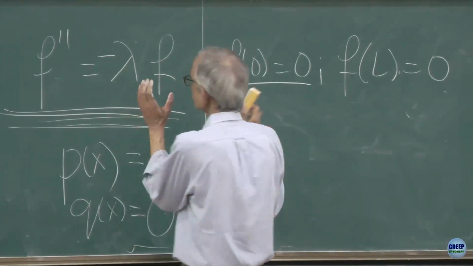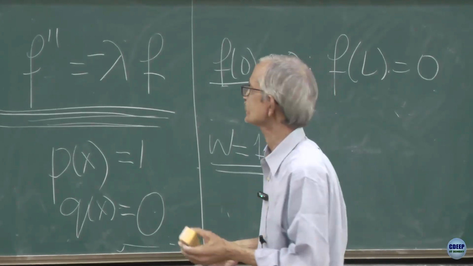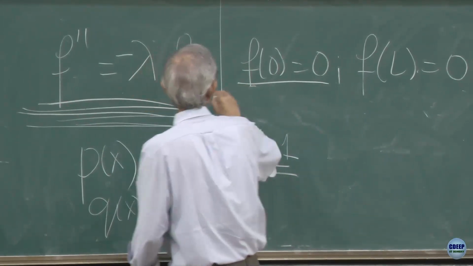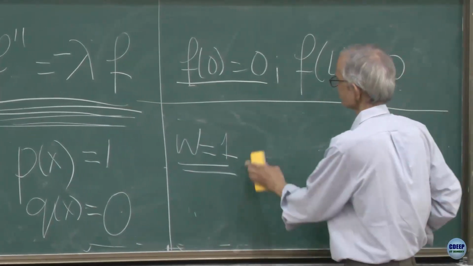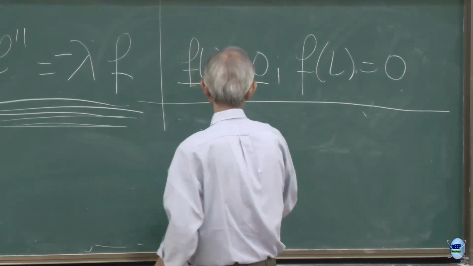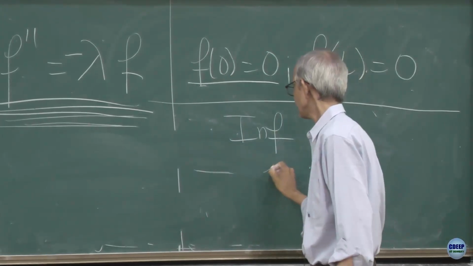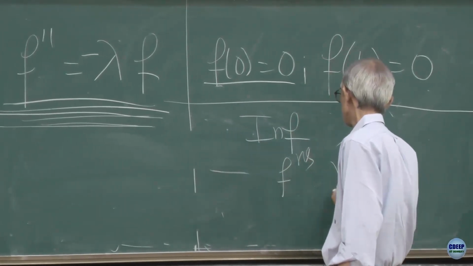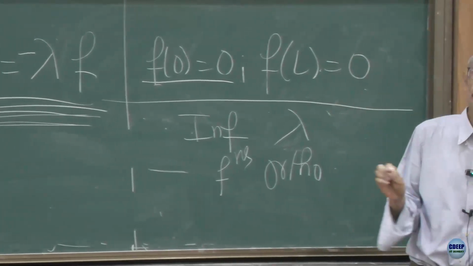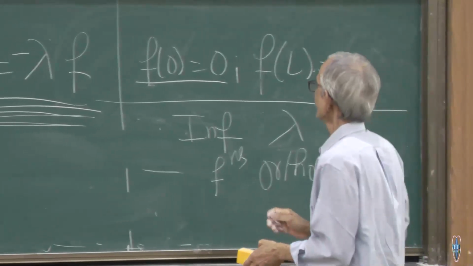But from the Sturm-Liouville system perspective, this, along with the boundary conditions, is a system that is going to give me infinite eigenvalues and eigenfunctions which are orthogonal. That's the most important thing that we are looking for.